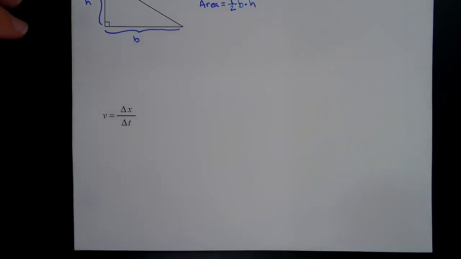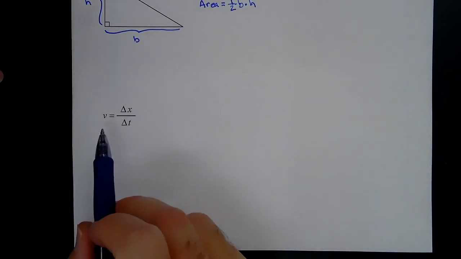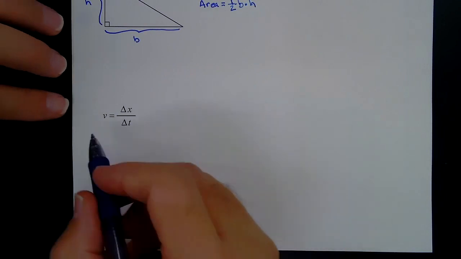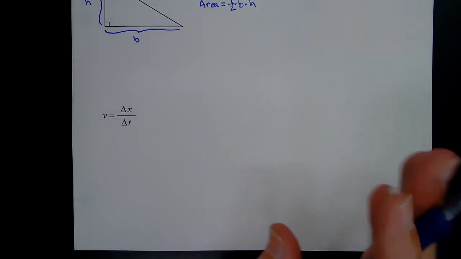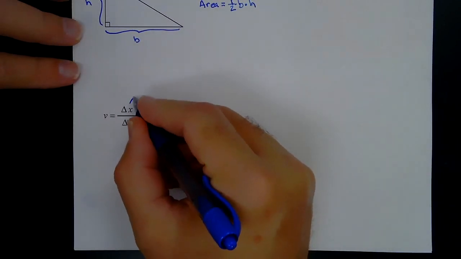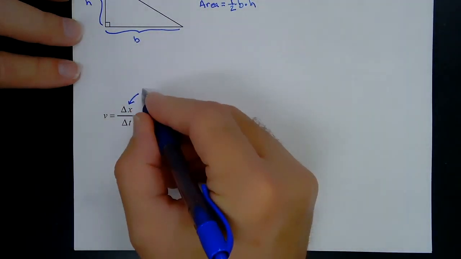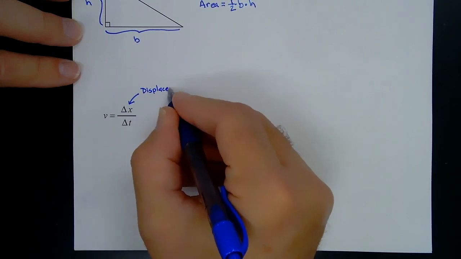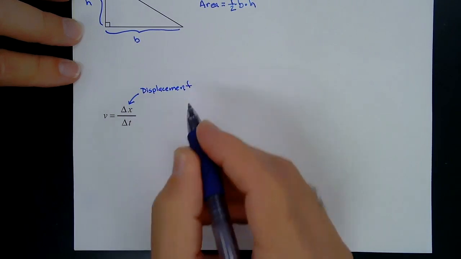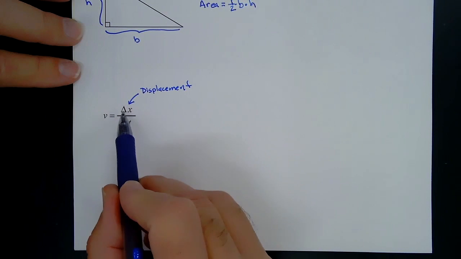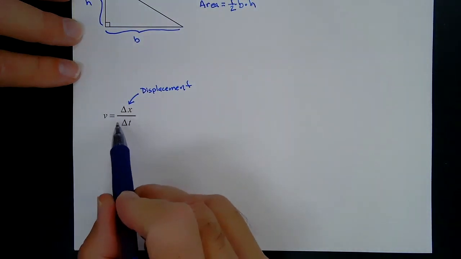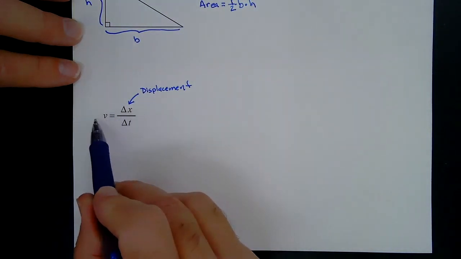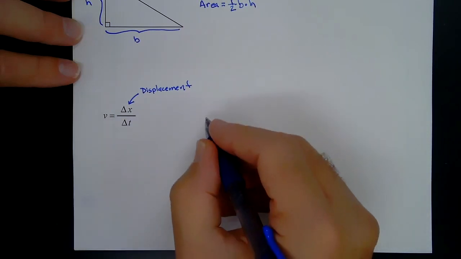So I also want to talk about this, and this is the formula for average velocity, but we're going to call average velocity for right now just regular old velocity. And this delta x is my displacement. So I need to get that by itself. I'm dividing by the change in time, so I'm going to multiply both sides by the change in time.